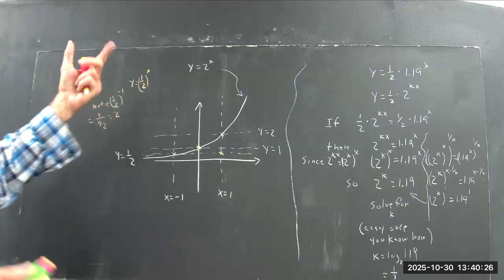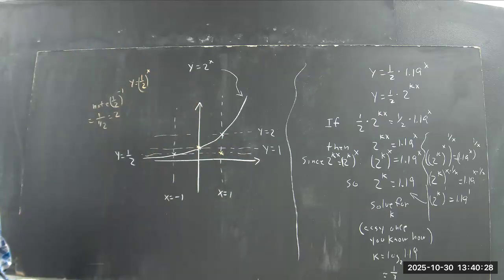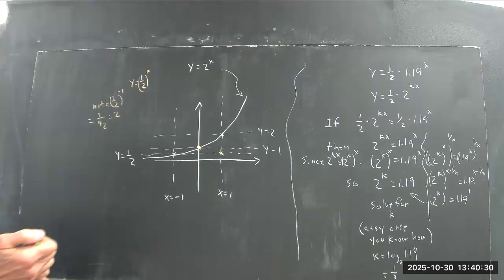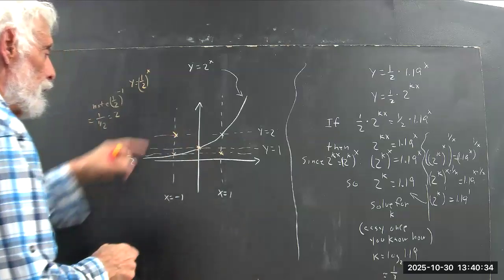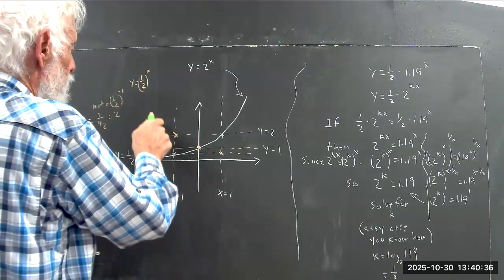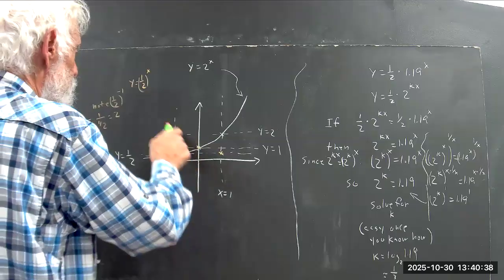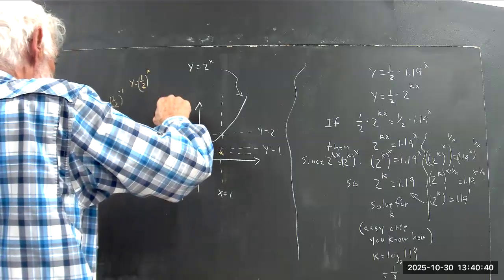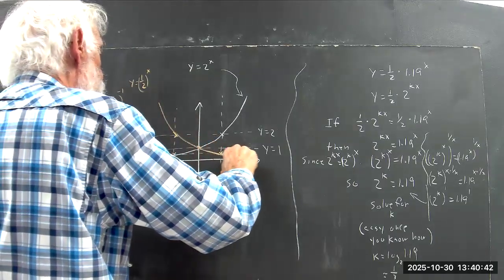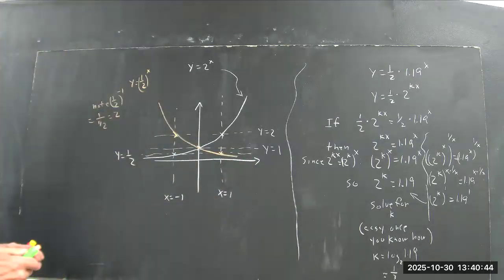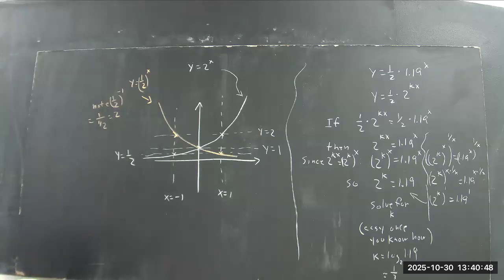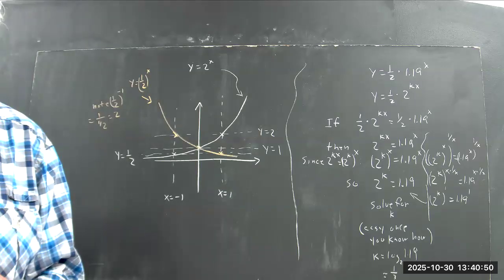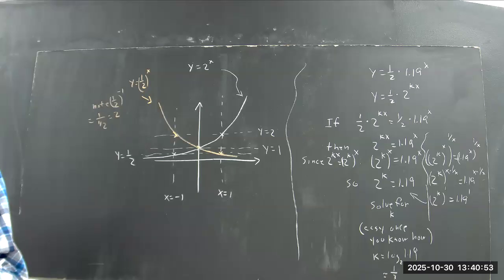Yeah, you've seen the rule. I mean, we used it a month ago, 2 months ago. So we have these 3 points, and your exponential function looks like this. That's a decreasing exponential function.